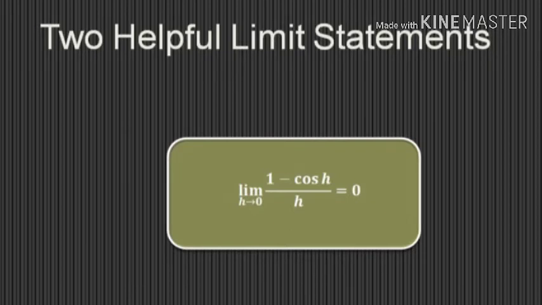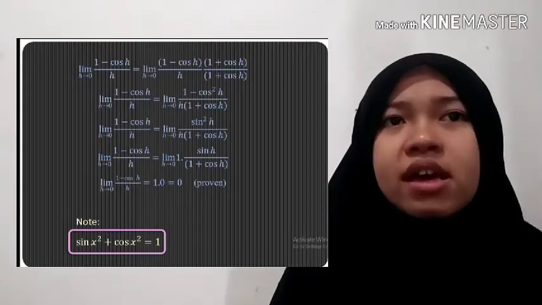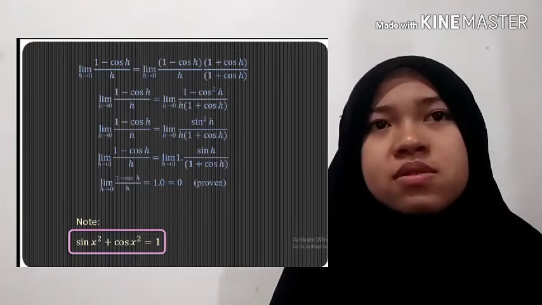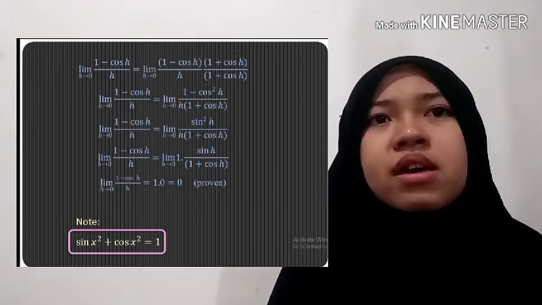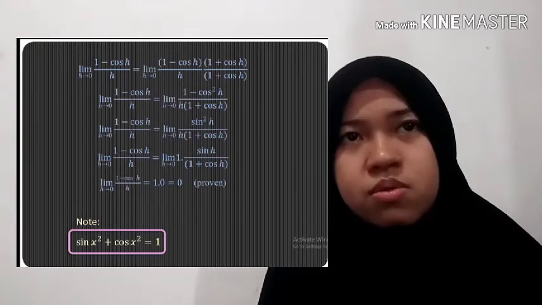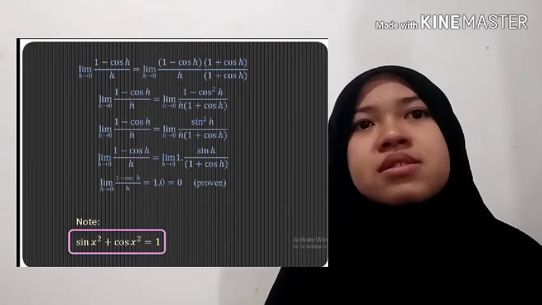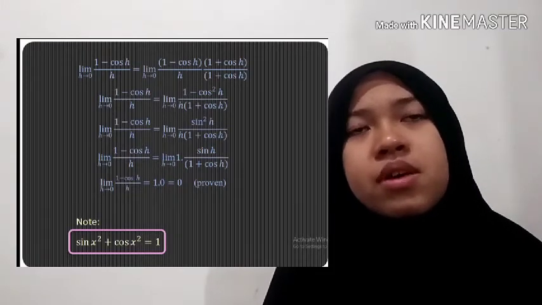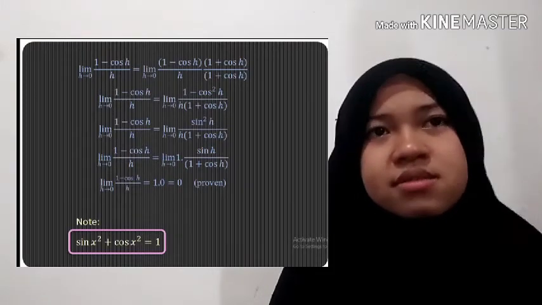The limit as h approaches 0 of the function 1 minus cos h all over h is equal to 0. The limit as h approaches 0 of 1 minus cosine h all over h is equal to, we multiply 1 minus cosine h by its conjugate.